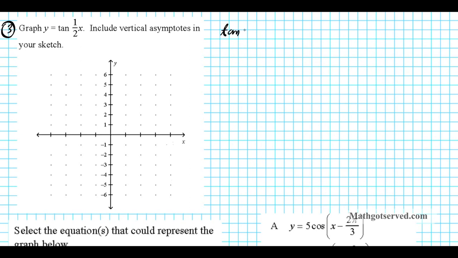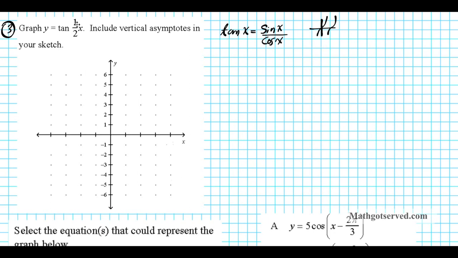We know that tan x is equal to sine x over cosine x. So cosine basically tells us where the asymptotes of tan are. We also have to recall that the tan function goes from negative infinity to infinity at every period.